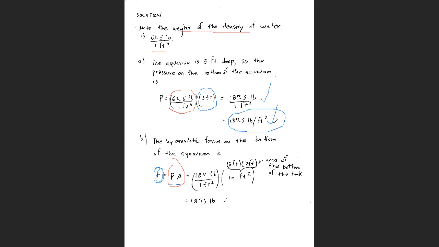So you take your 187.5 pounds per square foot times 10 square feet, because the area of the bottom of the tank, well, the tank is 5 feet long, 2 feet wide, so the bottom of the tank is 10 square feet.